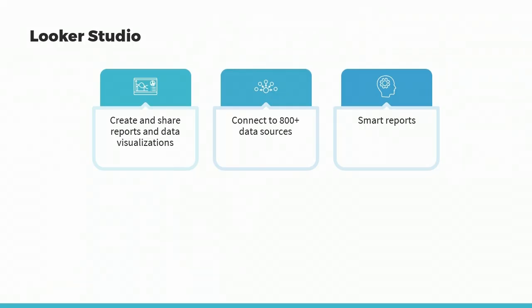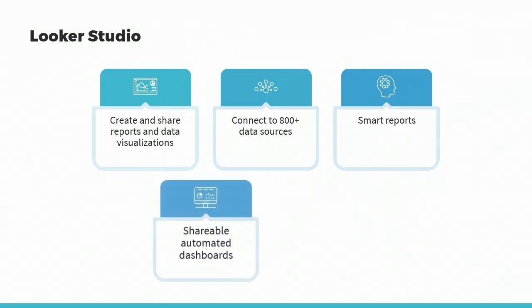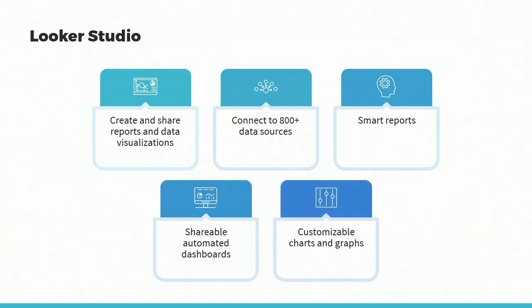So I can create impactful business metrics and KPIs, and add some dimensions with intuitive smart reports powered by artificial intelligence. I can share automated dashboards as well, and I can also create meaningful, shareable, and customizable charts and graphs with just a few clicks. It's all very low code.